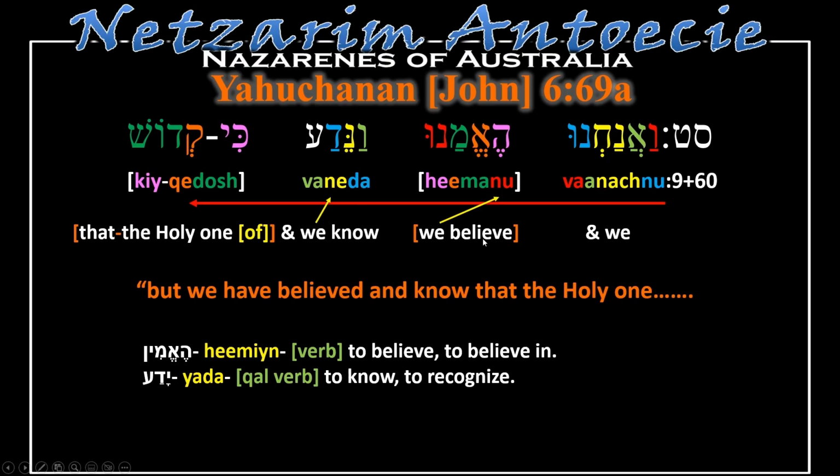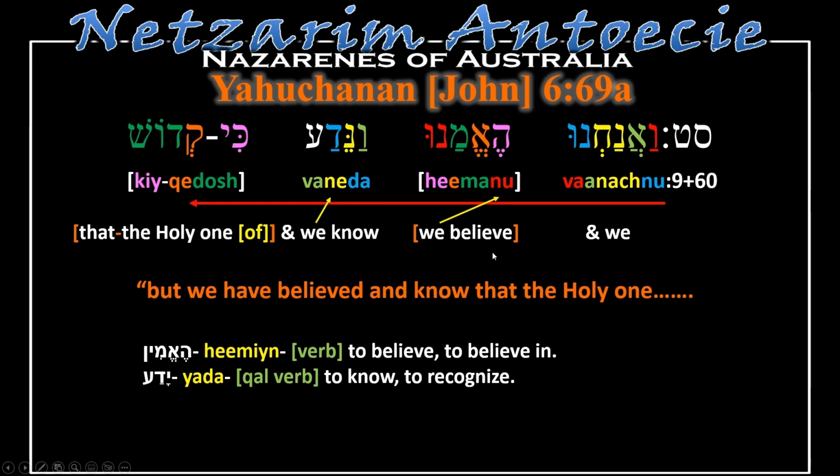He'emanu, we believe. Now the root of that is he'emin, which is a verb to believe in. So we see actually that one of the nuns is sort of dropped. So we get the new meaning we, but it also is part of the root, he'amin.